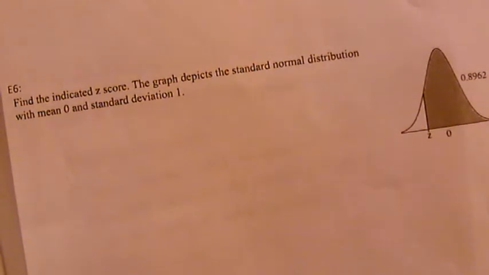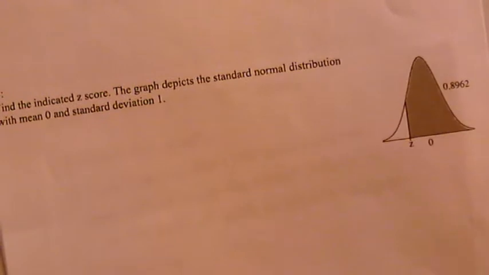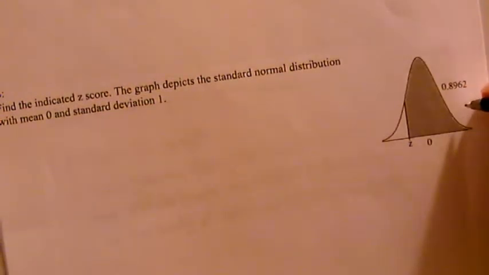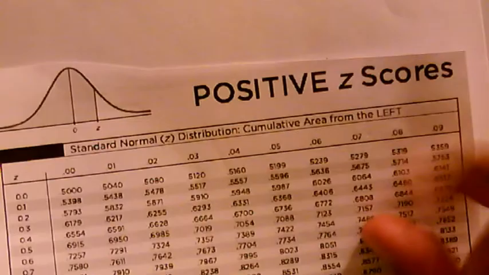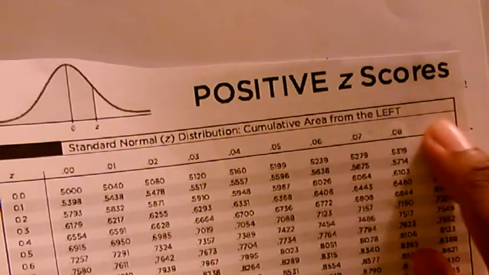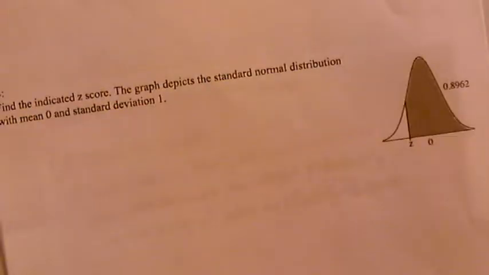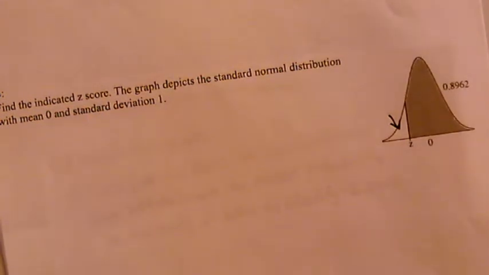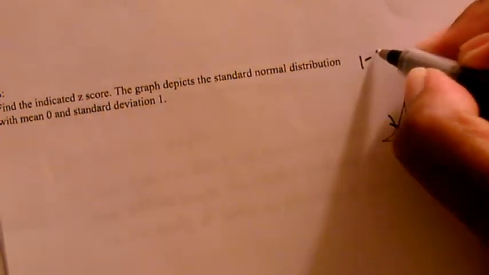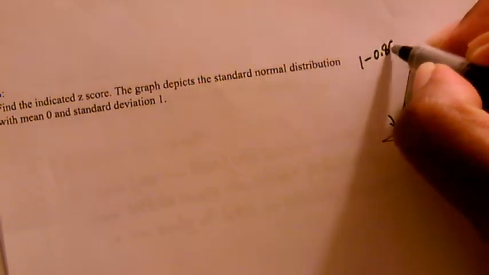Find the indicated z-score. The graph depicts the standard normal distribution with a mean of 0 and a standard deviation of 1. Now notice, they give you the area to the right, which is 0.8962. If you're going to use this table A-2, it does say cumulative area from the left. So, let's find this area to the left. To do that, we're going to do 1 minus 0.8962.